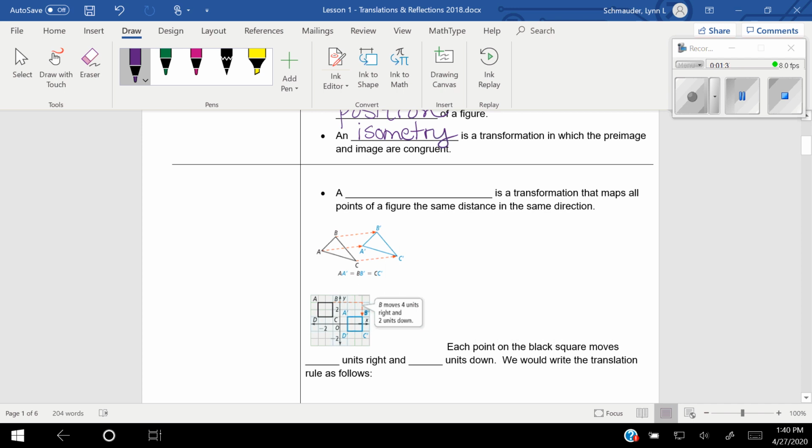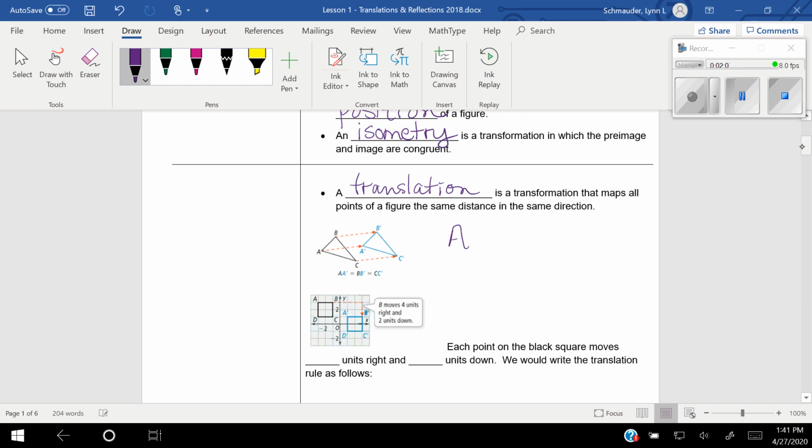All right, so now we know what a transformation is, so let's start with a translation. What is a translation? It's a transformation that maps all points of a figure the same distance in the same direction. Generally, when we take a pre-image and do a transformation on it, we name the image with a little prime.